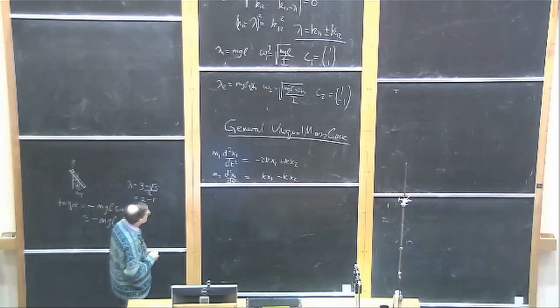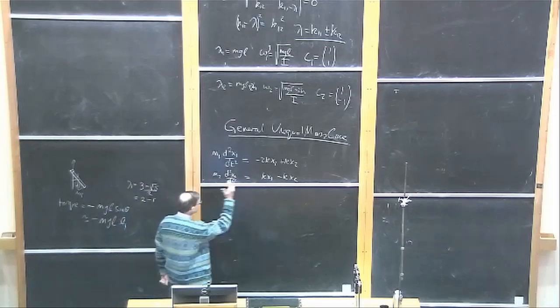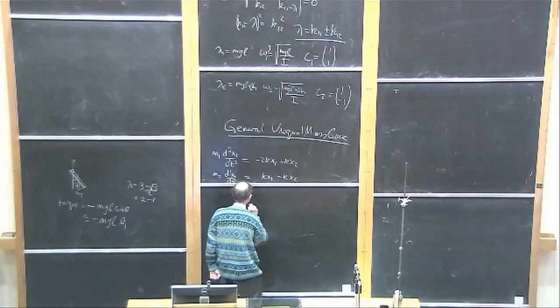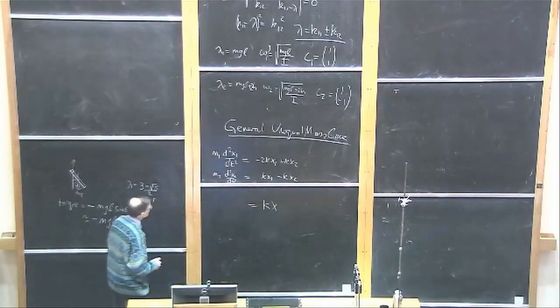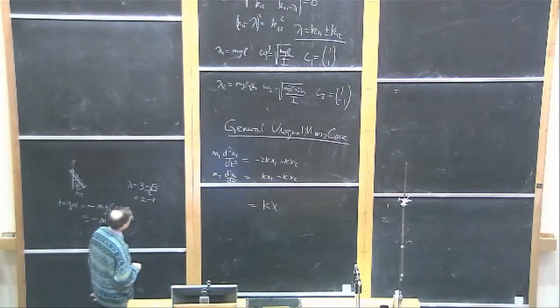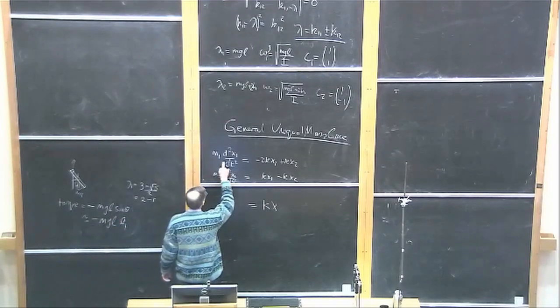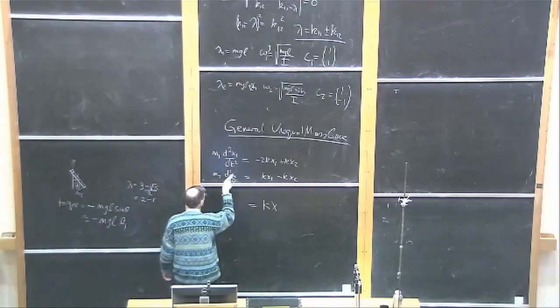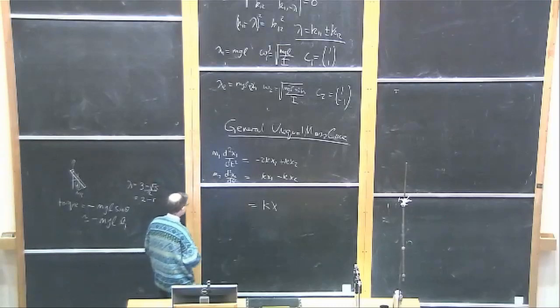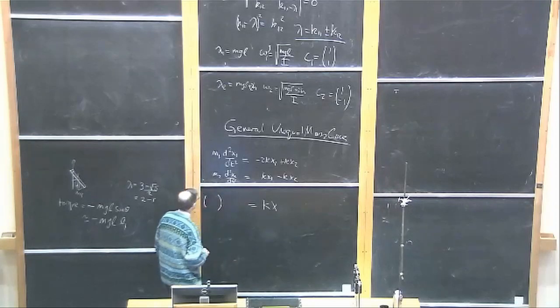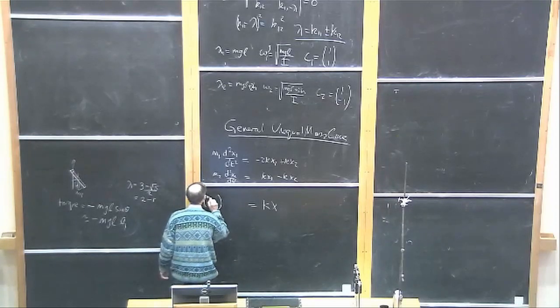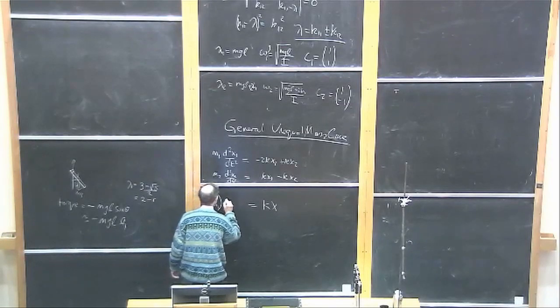So how do we accommodate that into a vector and matrix formalism? The right side of the equation can still be written as kx. What about the left side? Because this row has been multiplied by m1 and this row by m2, we have to pre-multiply by a diagonal matrix with elements m1 there and m2 there.